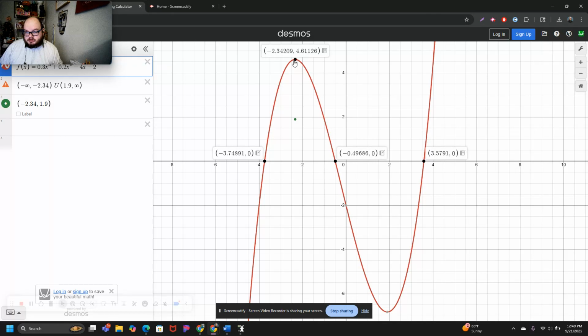And your relative maxima would be at negative 2.34. Alright. And then your relative minima would be at 1.89 and negative 6.82. Okay. I think that's the easiest way to look about doing those.